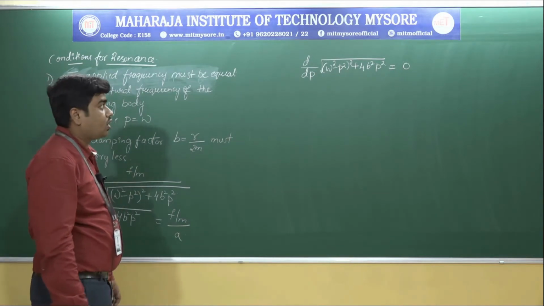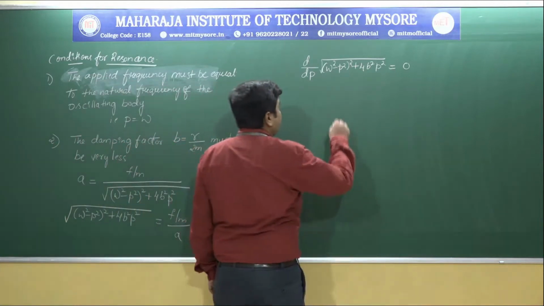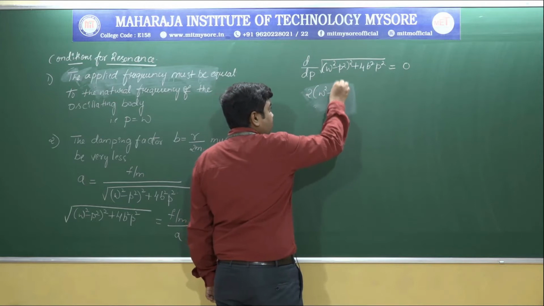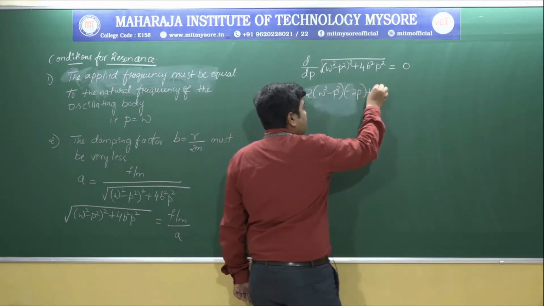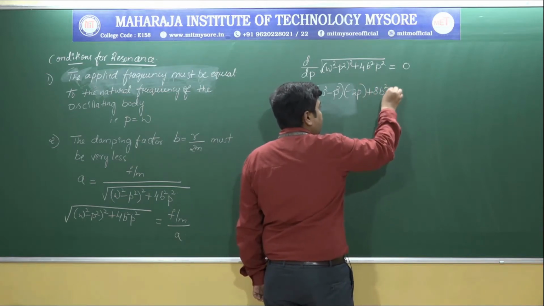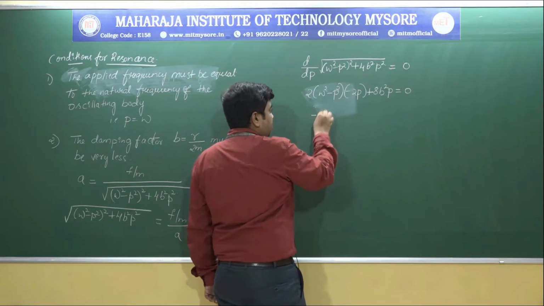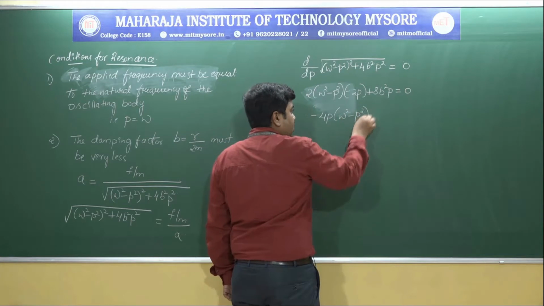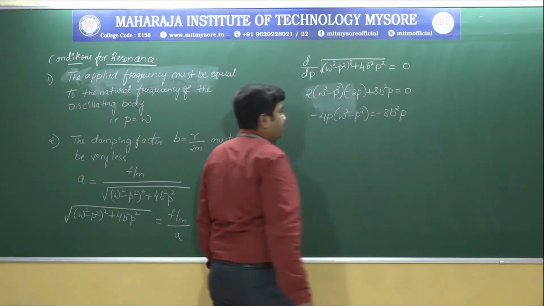Now we have to differentiate the left hand term. So we can write 2 into omega square minus p square into minus 2p plus 8b square p is equal to 0. We'll just rearrange it. This becomes minus 4p into omega square minus p square is equal to minus 8b square p.